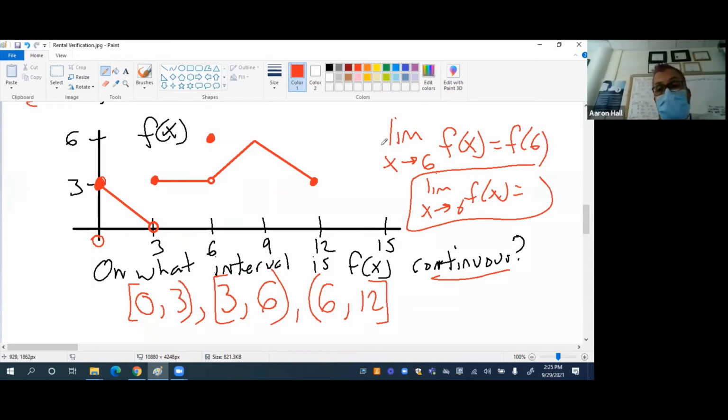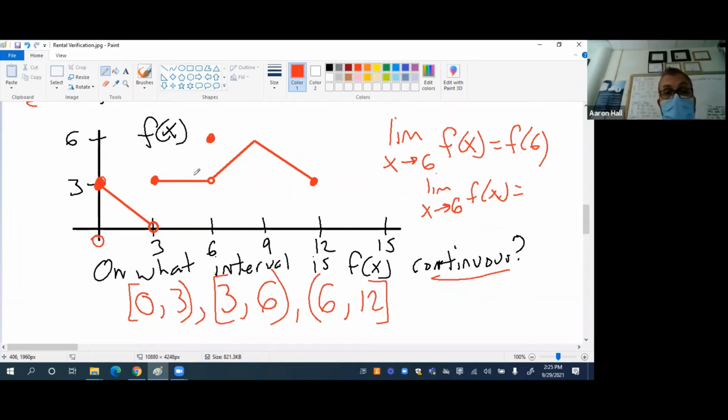Kyle, what do you think? This is 6. I don't know if you can tell that that's 6. Kyle, what is my limit as x approaches 6 of my function? Okay, that's fine. How about Chris? Chris, can you tell?